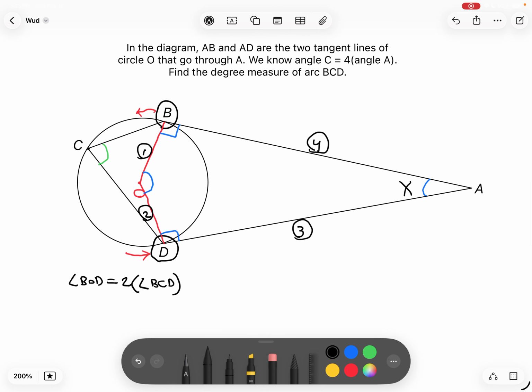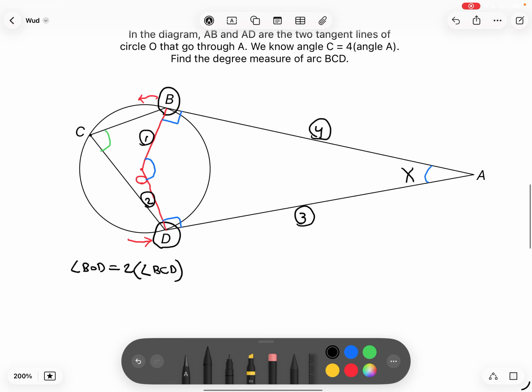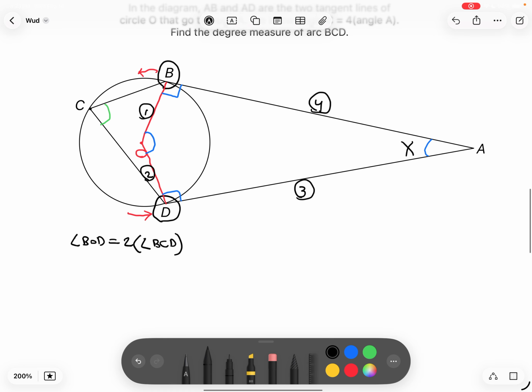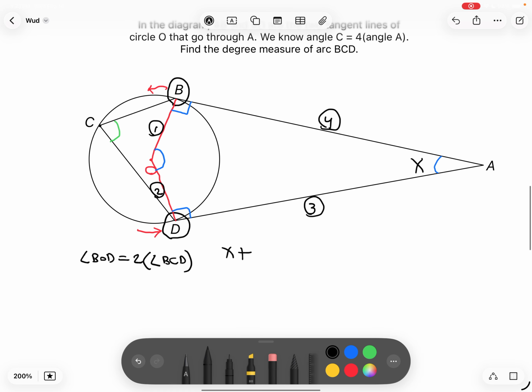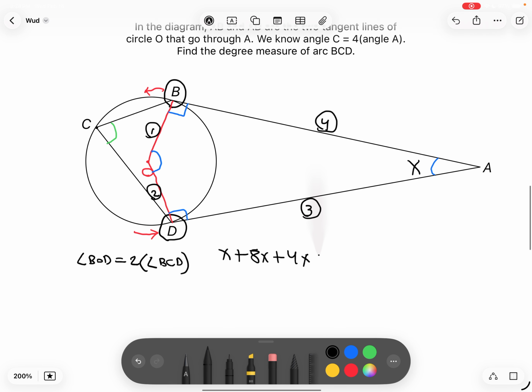They tell us C is 4 times angle A. So we're going to have x, plus 8x, because the 8x refers to angle BOD, and then plus 4x to refer to BCD, because 4x is half of 8x, as we proved with the inscribed angles. Then finally, plus our two 90-degree angles for the tangent lines. And all of that must equal 360 degrees.